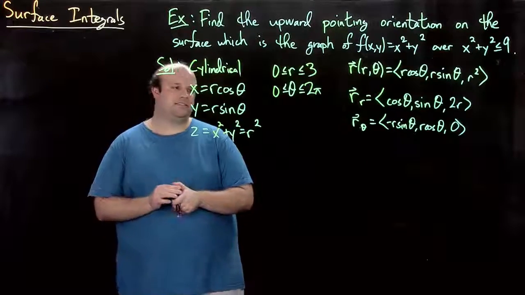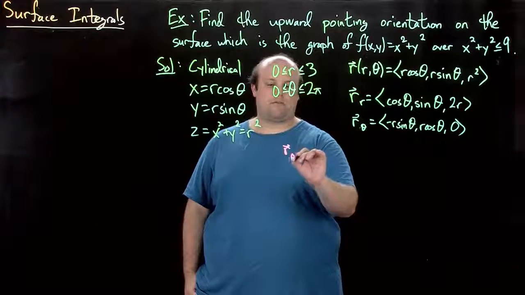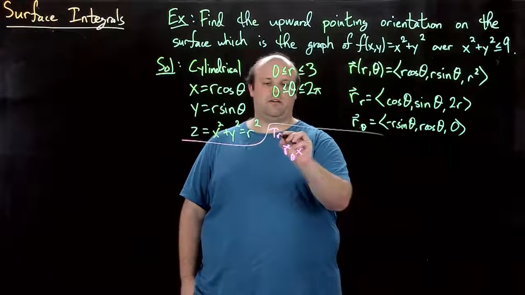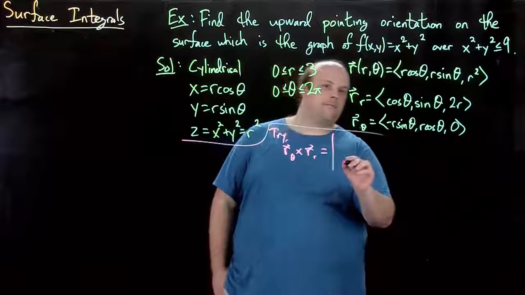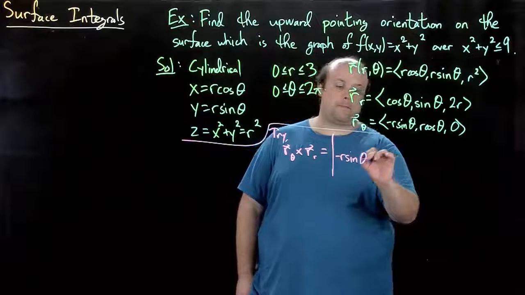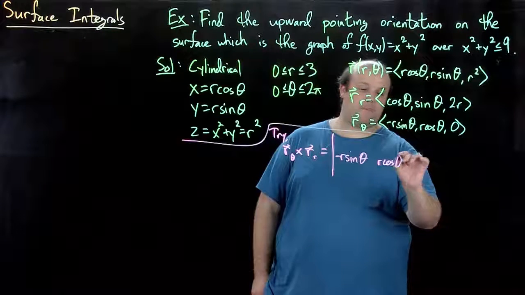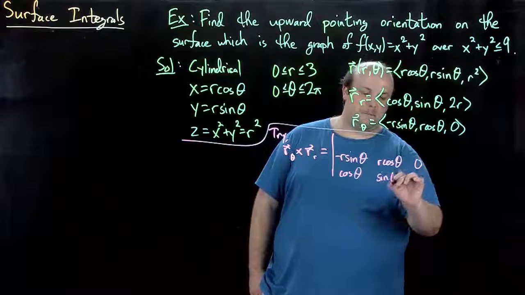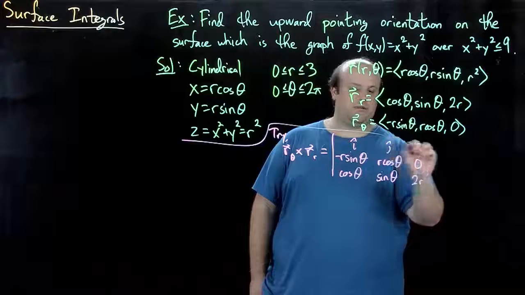So let's say here we try r theta cross r. That gives us minus r sine theta, r cosine theta, 0, and then cosine theta, sine theta, 2r, with i, j, and k.